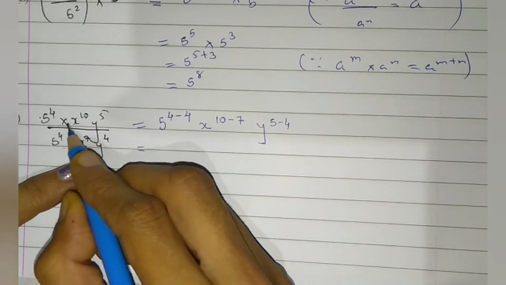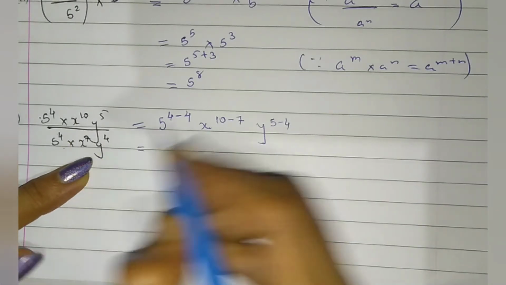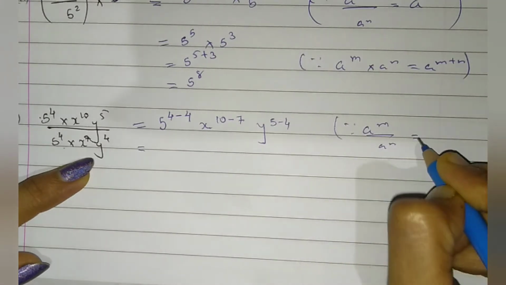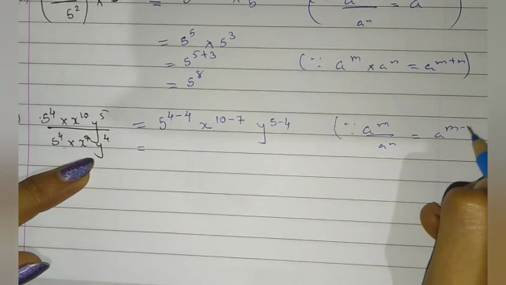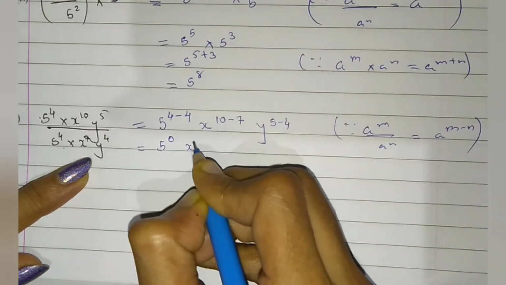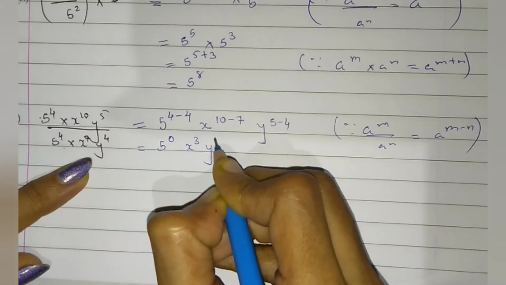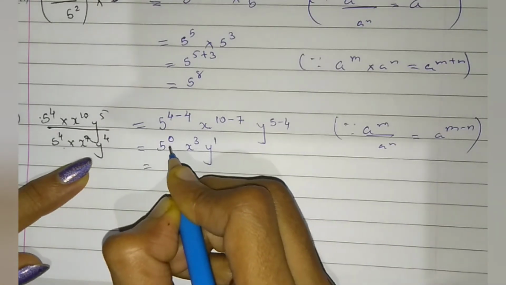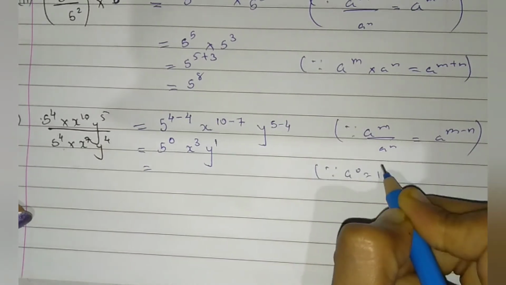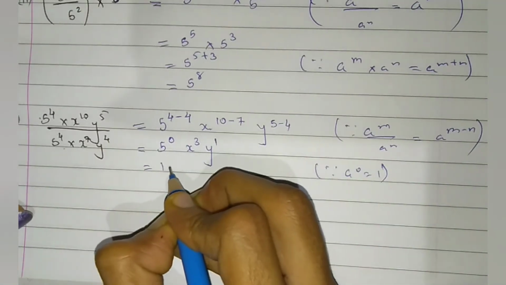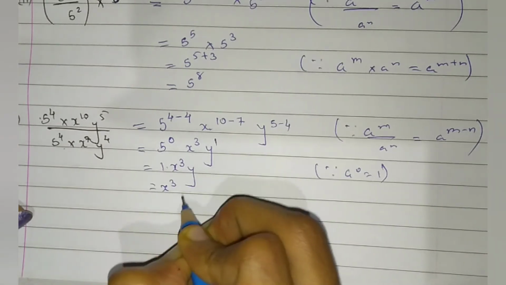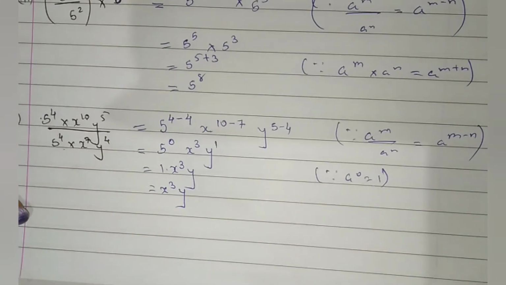Why have I written like this? Because it is in division form. The reason is a raised to m upon a raised to n equals a raised to m minus n, which is equal to 5 raised to 0, x raised to 3, y raised to 1. Therefore a raised to 0 equals 1. So 1 as it is, x cube and y. So we can write x cube into y.